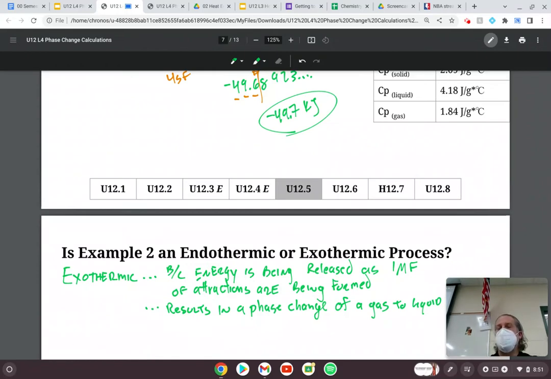So again, the explanation is twofold. We're talking about energy and what's happening in terms of intermolecular forces of attraction, and then we're talking about the phase change, in this case, from gas to liquid.